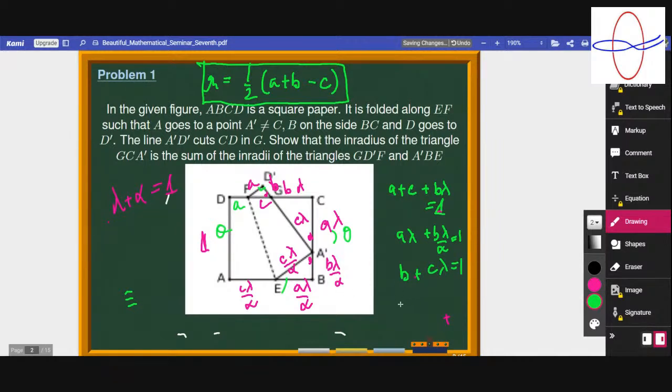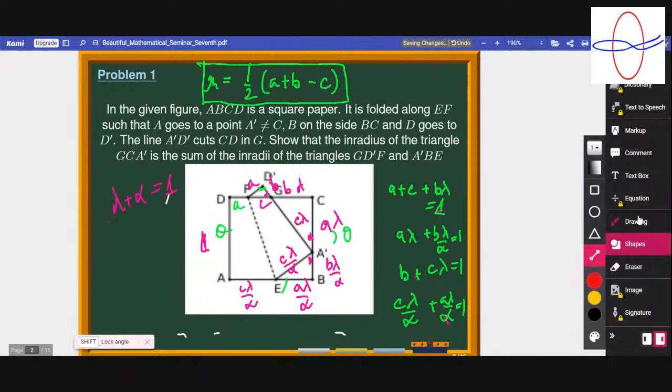And we have C lambda by alpha plus A lambda by alpha equal to 1. Okay? So you have this result. Can we prove that alpha plus lambda equals 1 from here? All of you understood this is the result over here? Can we now prove using this? Do you have anything to add?